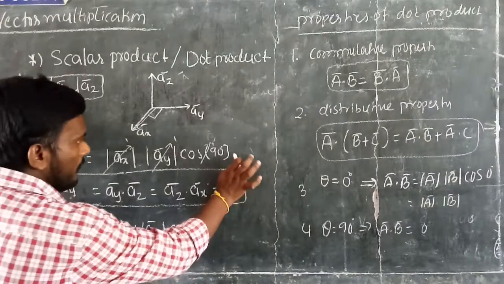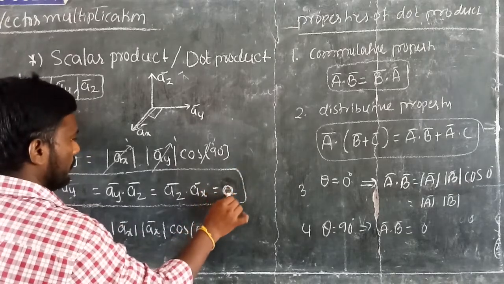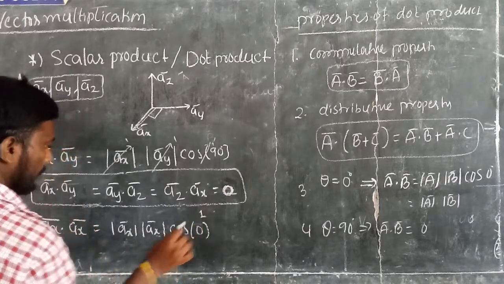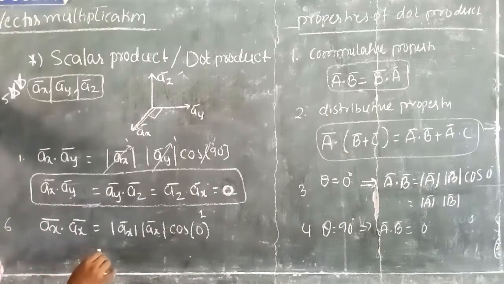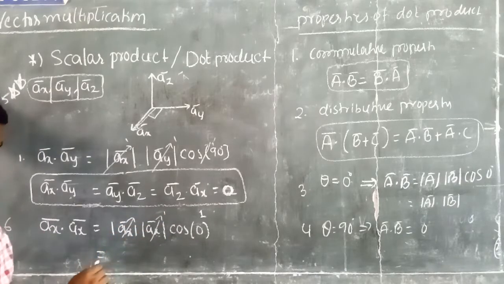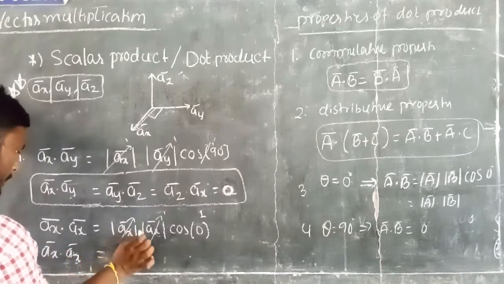Sorry, very sorry. Cos 90 is 0, so for different vectors the dot product is 0, and cos 0 is equal to 1. So the dot product between same unit vectors is equal to 1 into 1, and it is 1. If you calculate the dot product between Ay bar and Ay bar, you will get the same result.